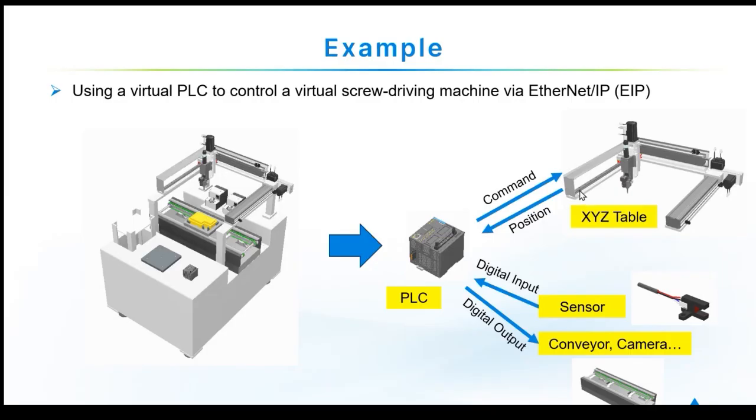If you are using an XYZ cable, or not just a simple I/O signal, you have to model this kind of component separately. In our DIATwin, we already have sensors, conveyors, cameras, and these kinds of example models, and all of these models will be controlled by a simple digital input or digital output, and so will also be a single component. So what does this mean?